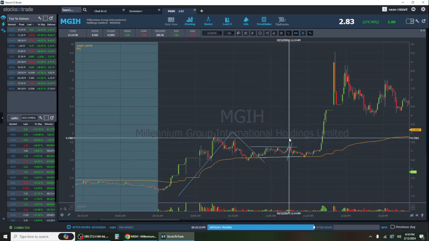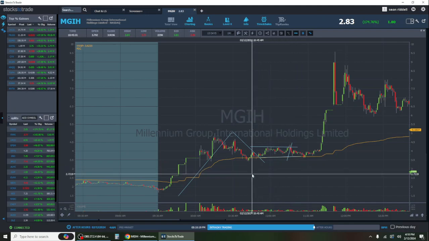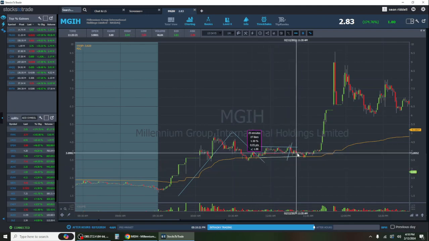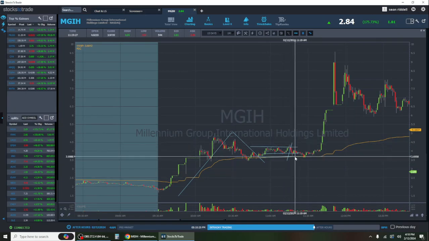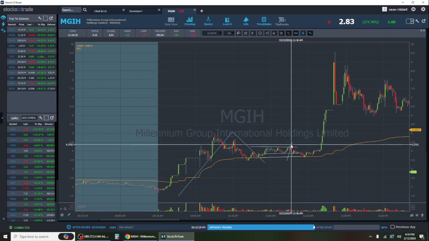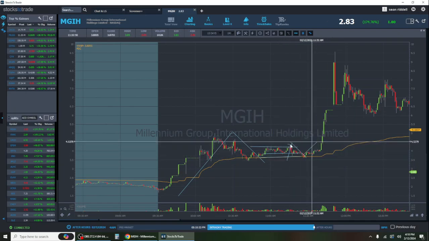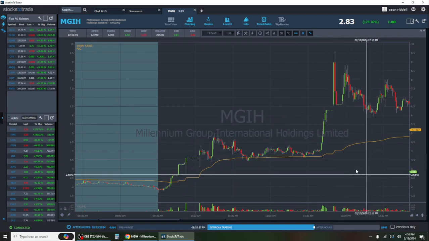Now I see. Yes, okay. So this is the sideways action, but we don't need to look at it as an entry here. No, so you break the sideways action. So this is the new trigger. Pulls. Okay, that makes sense to me.